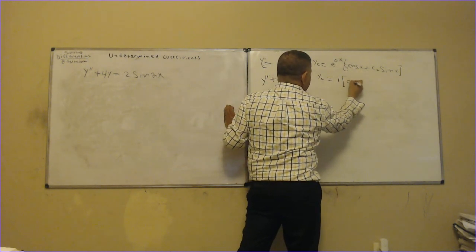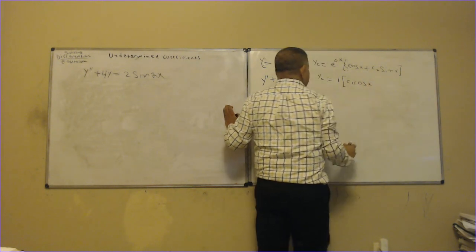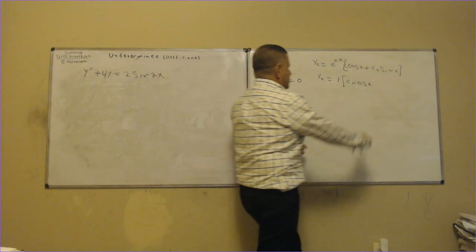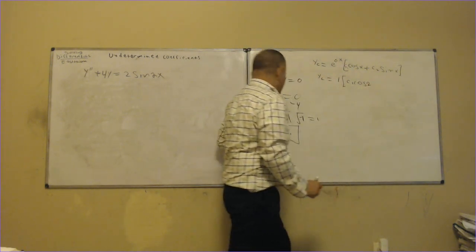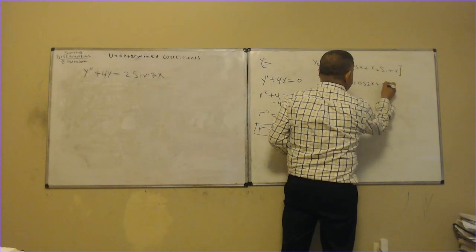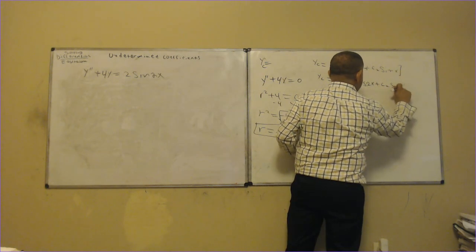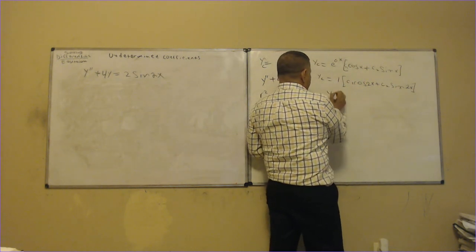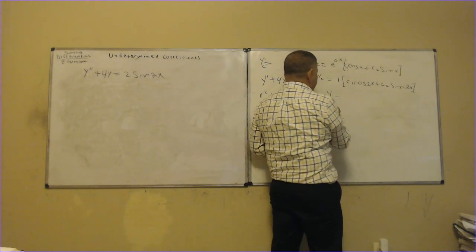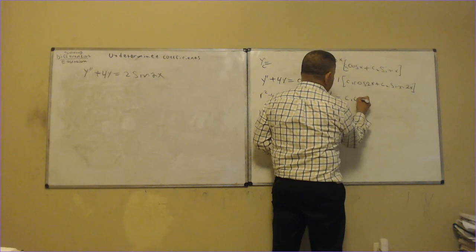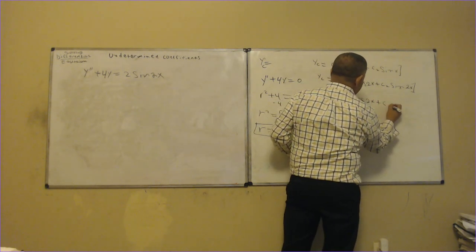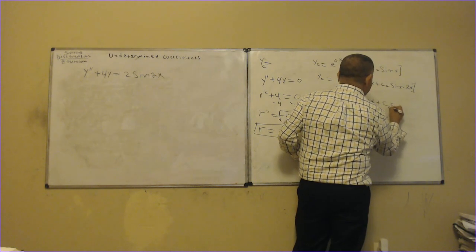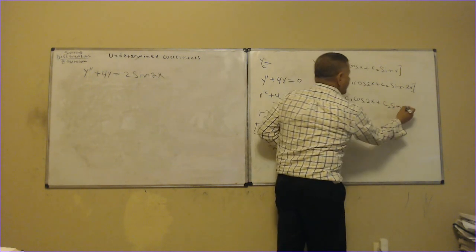Then the whole thing gets multiplied: C1 cosine of x plus C2 sine of x, but now we replace the argument with 2x. So y_c, the complementary solution, is equal to C1 cosine of 2x plus C2 sine of 2x.